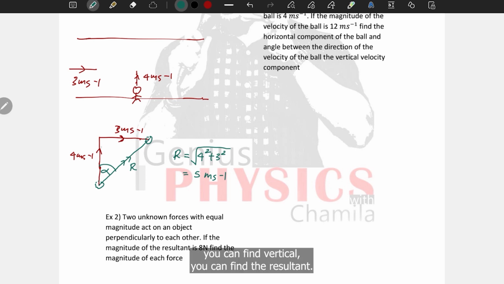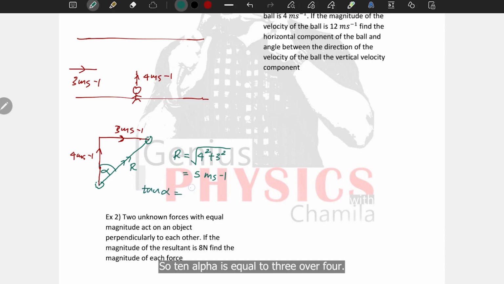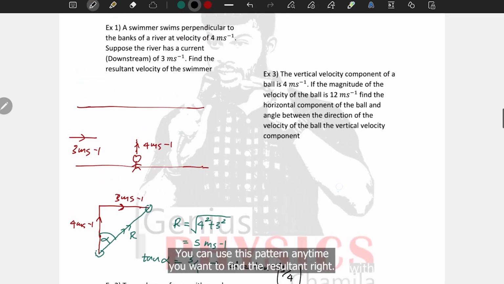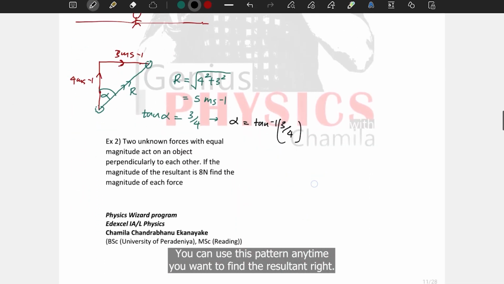This time I'm going to find it with respect to the vertical. So tan alpha is equal to 3/4, so finally the angle is tan inverse 3/4, right? You can use this method anytime you want to find the resultant.